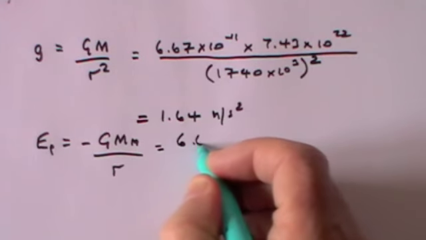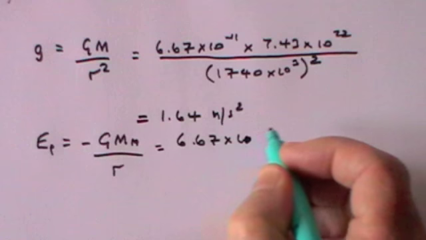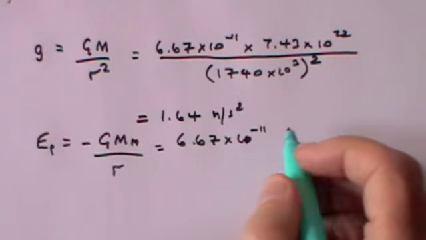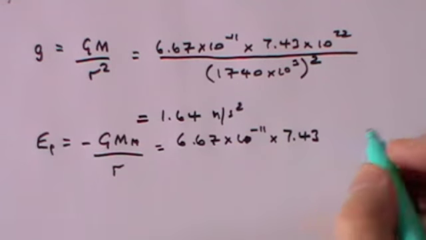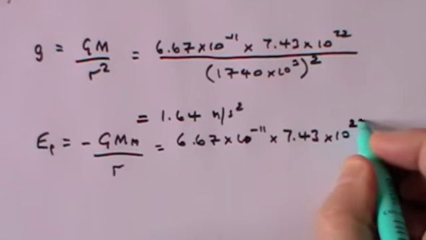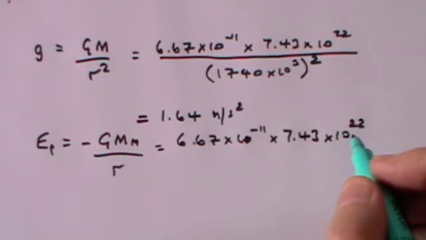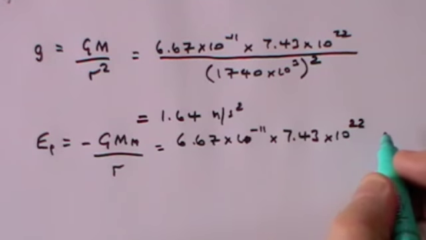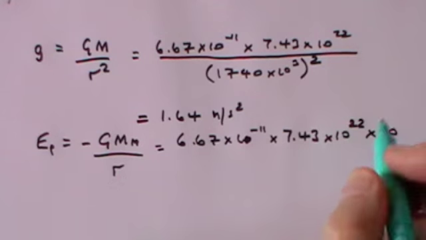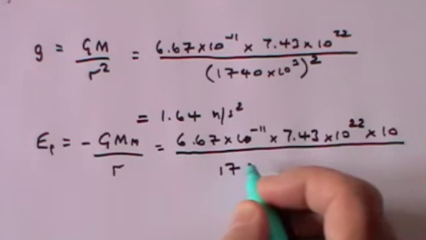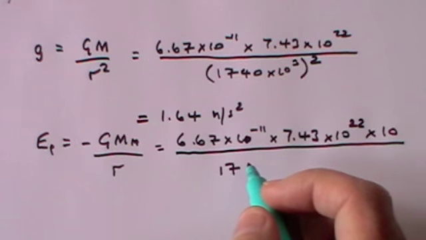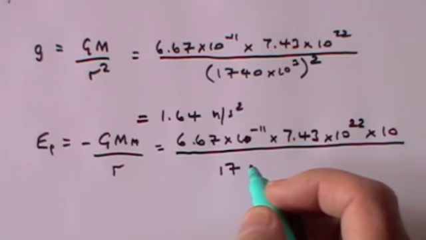So G is 6.67 times 10 to the minus 11. The mass of the Moon, capital M, is 7.43 times 10 to the 22. And the mass of the object was 10 kilograms. And then we divide that by the radius. Now, it's not 1740 anymore, because the mass is 20 kilometers above the surface.